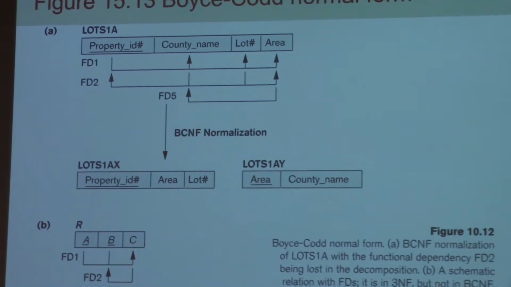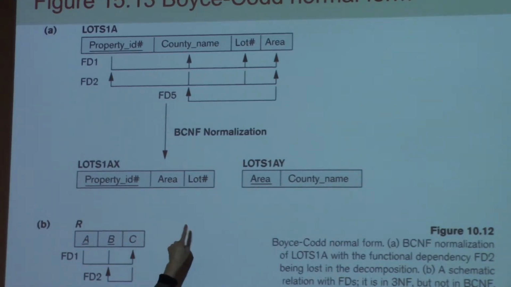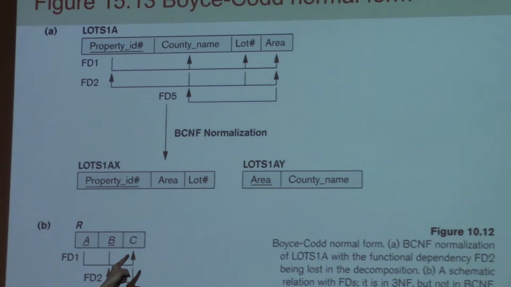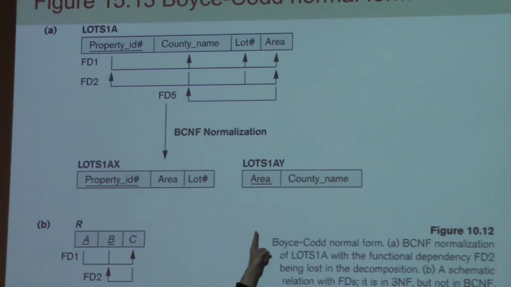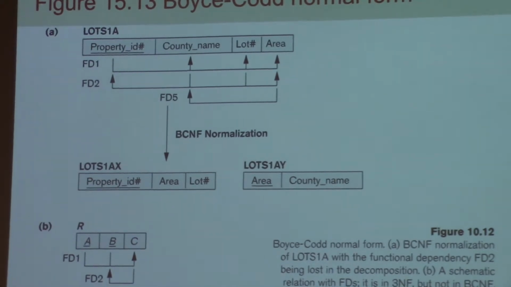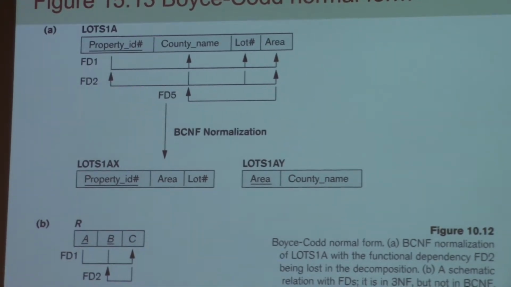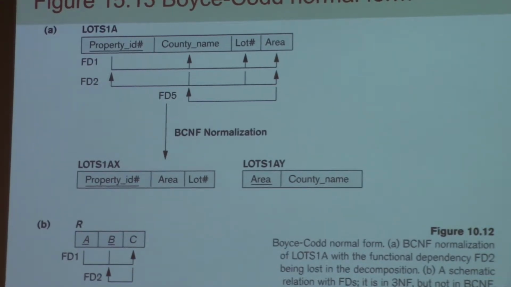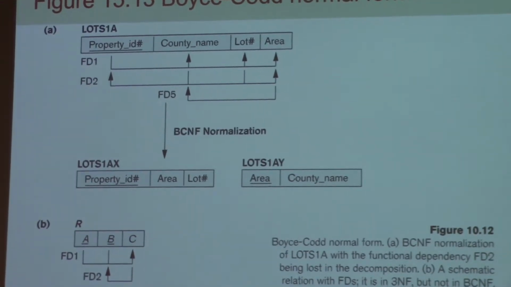You can see property ID determines area and lot number. Why is there no country name here? Since area determines country name, we don't have to keep the country name inside. So it's slightly different, the segmentation.